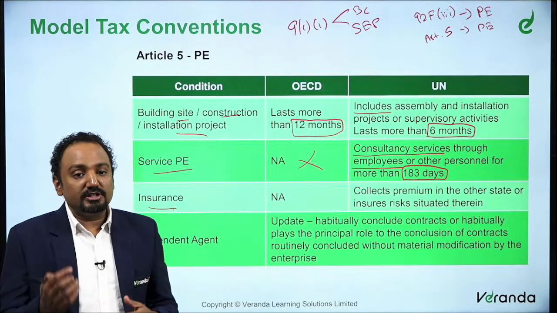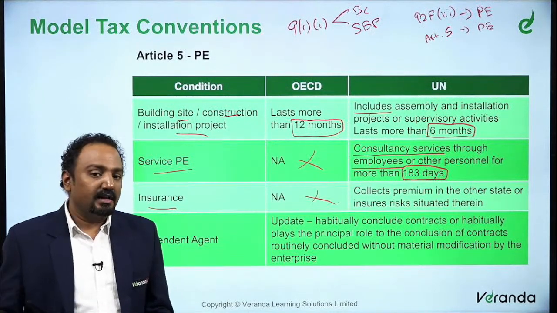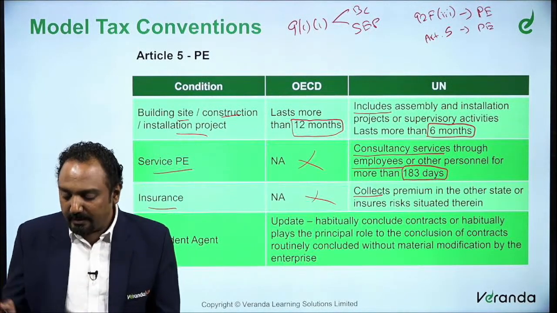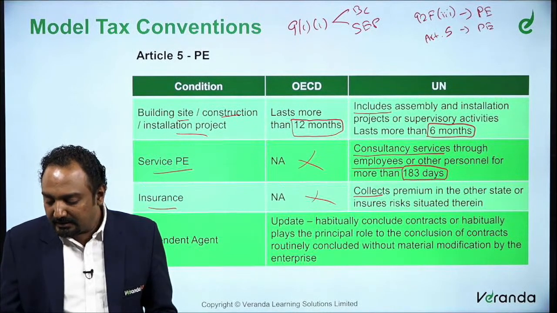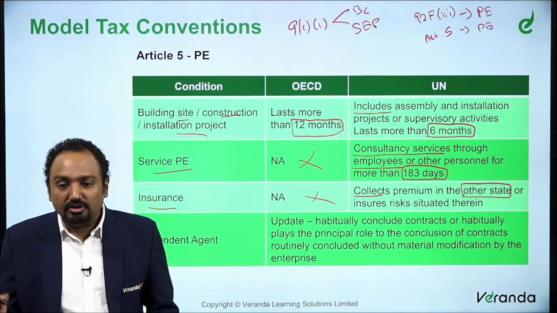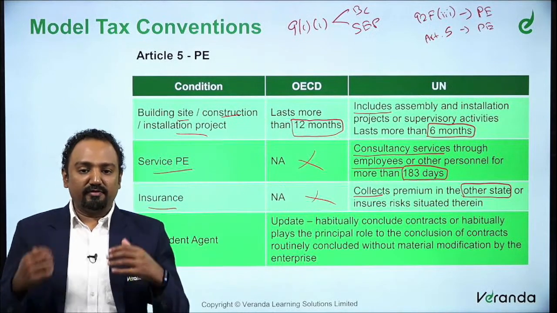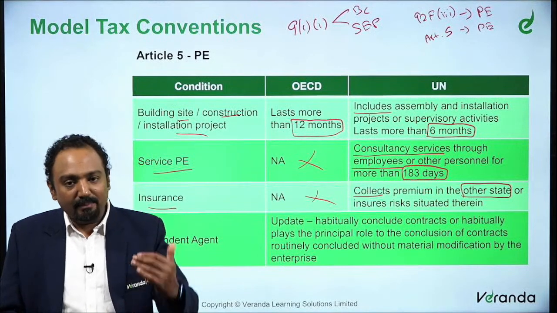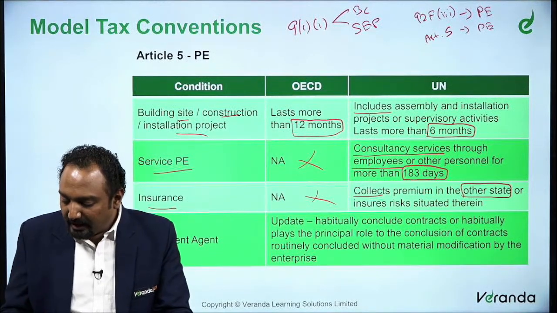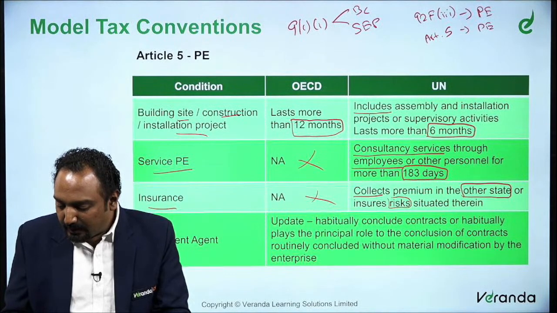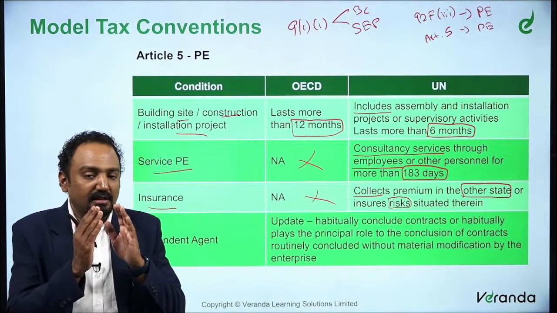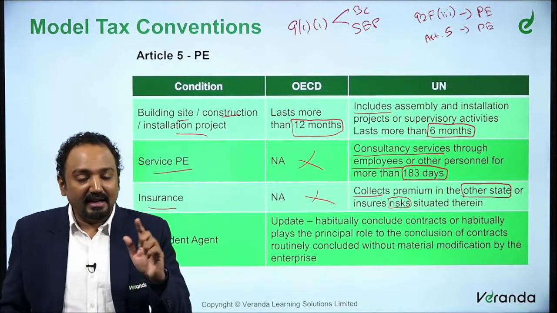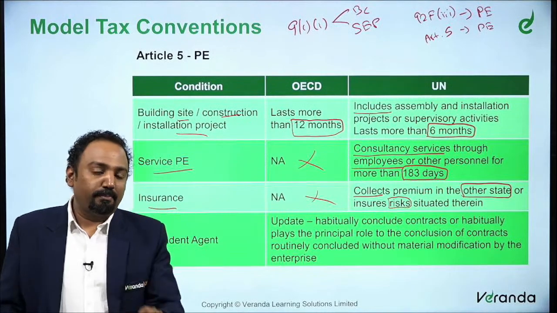Next one is insurance business. Again, this is not defined in OECD. What does United Nations say? It collects premium in another state. If it is between India and the United States, let's say India is collecting premium from the United States, or the risk is situated there, the property or the object is situated in that country, then that becomes a permanent establishment.